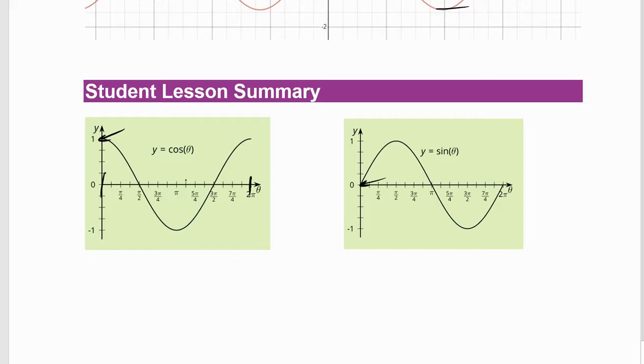Where are you after just half a rotation of a circle? For cosine you're at -1, but for sine, half a rotation, you're at 0. Are their amplitudes the same? That's another thing to think about.